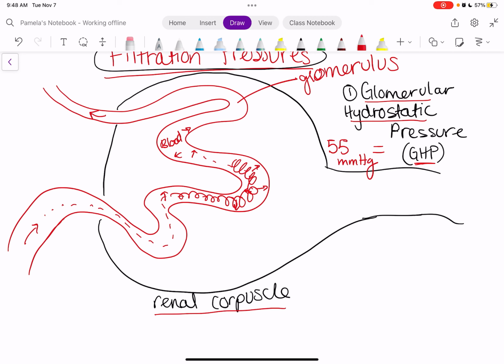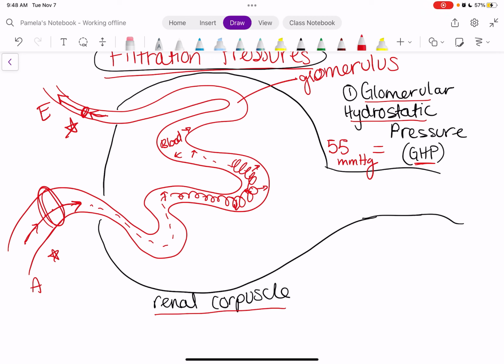The reason it's so high is because of these arterioles that we have here and here. Notice our afferent arteriole has a very large diameter, so it's letting a lot of fluid into the glomerulus. And our efferent arteriole has a very narrow diameter, so it's just letting a little bit of fluid out of the glomerulus. This creates a bottleneck effect, similar to a highway that goes down from 3 lanes to 1 lane, where all the cars have to fit into one single lane.